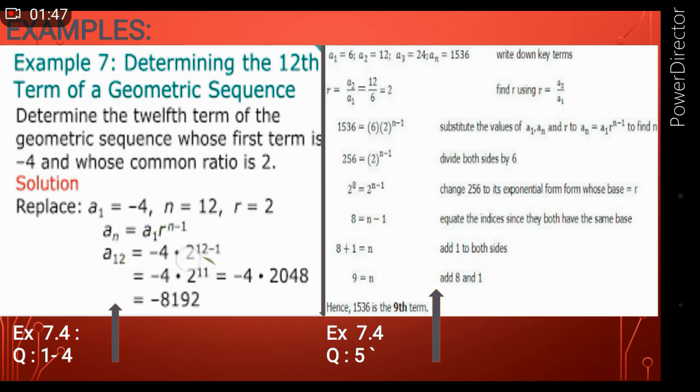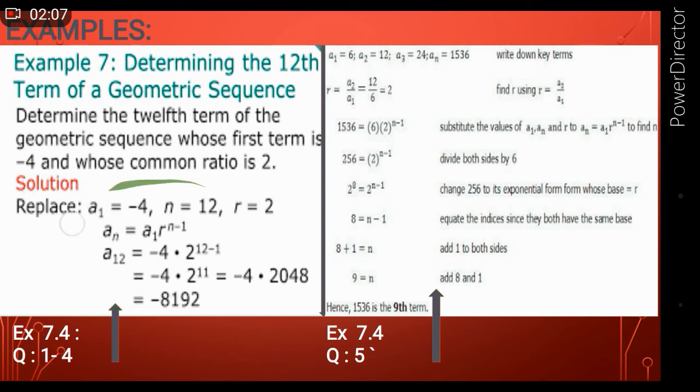First of all, you will solve 2 raised to power 11. 2 raised to power 11 is equal to 2048, and in the last you will multiply 2048 with minus 4 and your answer will be a12, because the question was to find the 12th term.